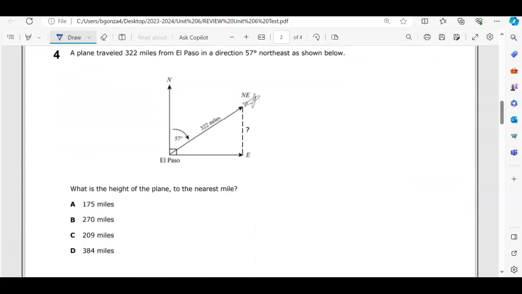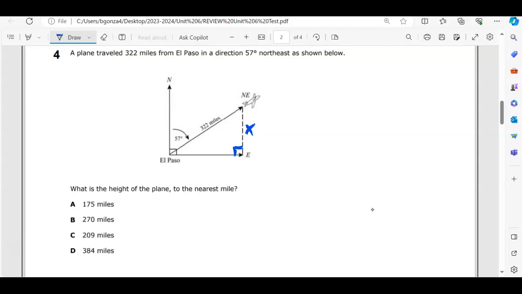Now a plane traveled 322 miles from El Paso in a direction 57 degrees northeast, as shown below. What is the height of the plane? Well, I want to find this question mark, so I'll put an X here. But here's the deal. I don't know an angle inside of this triangle, except this right angle. 57 is not inside the triangle.